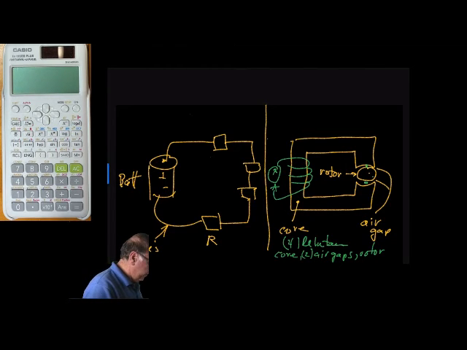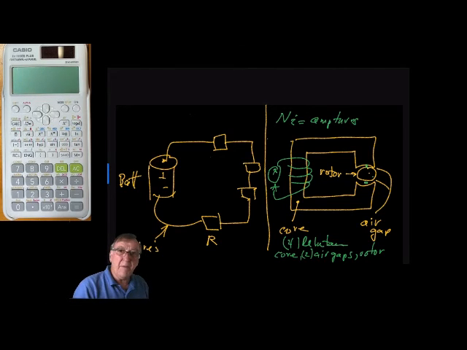And the turns times current equals amp-turns. One thing to note here is that electric and magnetic circuits can be modeled using the same thought processes as you've seen here.